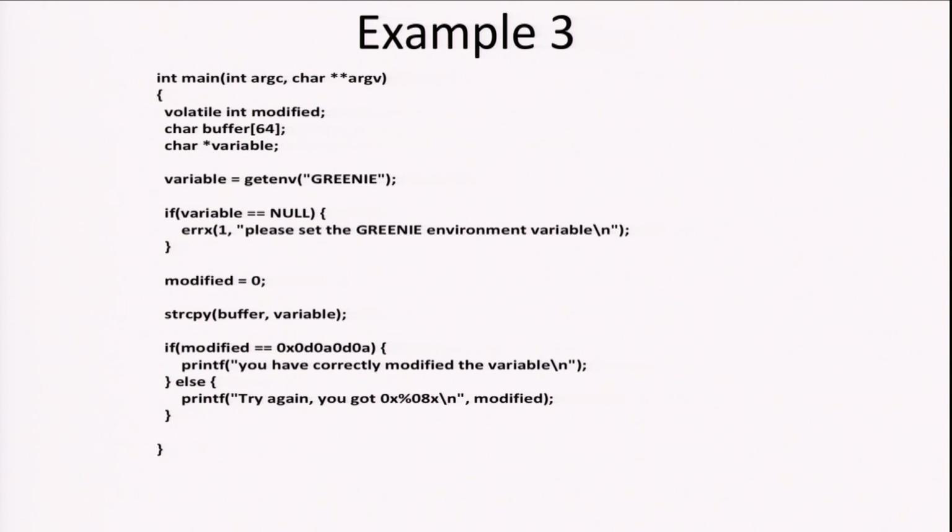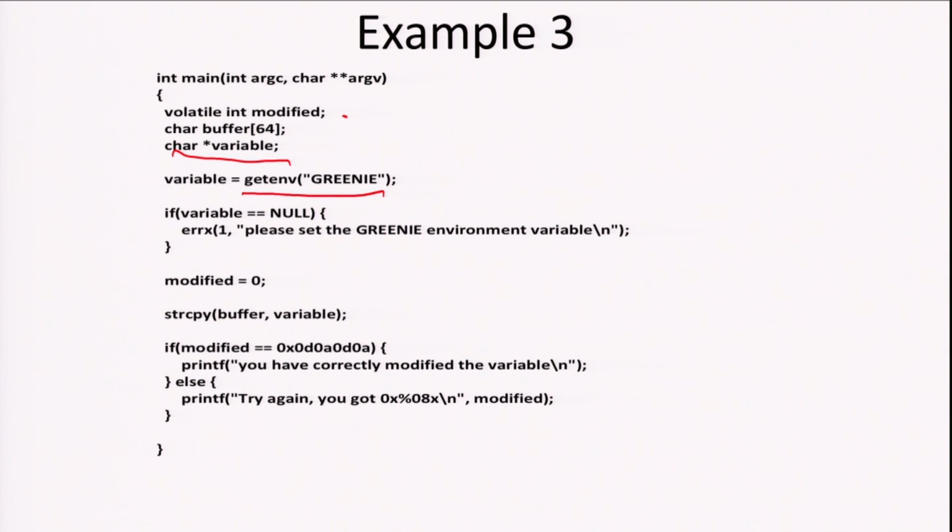Now, third example, again very similar. We have a variable modified, and then we have a buffer with size 64, and then we have a pointer which is called variable, and in this pointer we are assigning a particular environment variable's value.